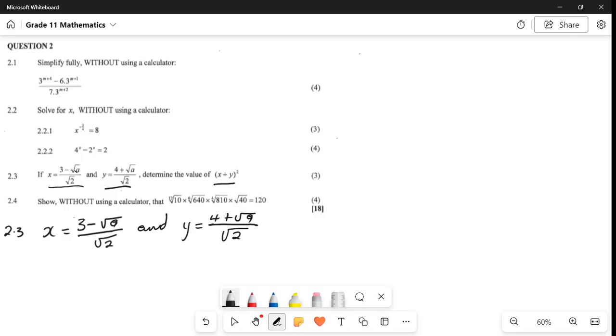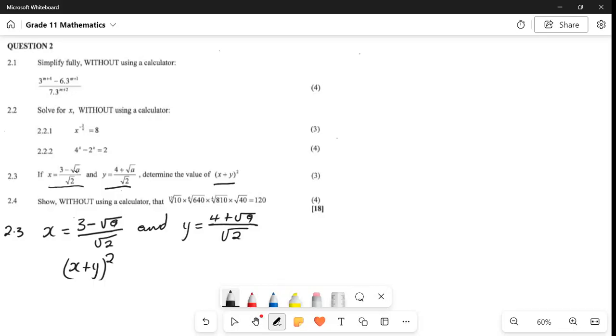Now we need to find the value of (x plus y) all squared. On this one, I think if we equate x and y and find the value of a, it's possible. Yes, we can find the value of a.